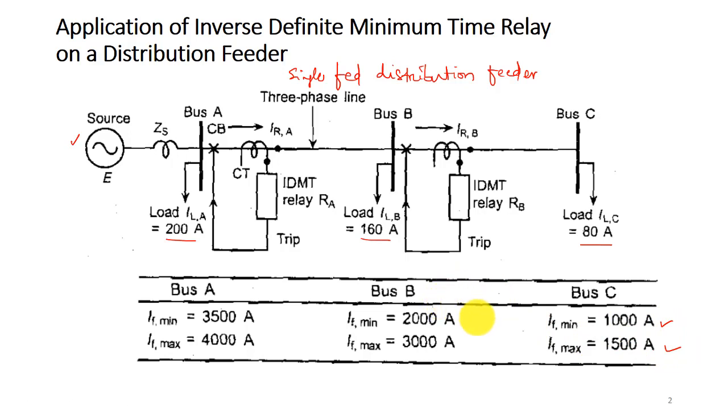At bus B the minimum is 2000 ampere and the maximum is 3000 ampere. At bus A the minimum is 3500 ampere and the maximum is 4000 ampere. As the fault location moves away from the source, the fault current values decrease gradually, as we discussed in the last lecture.